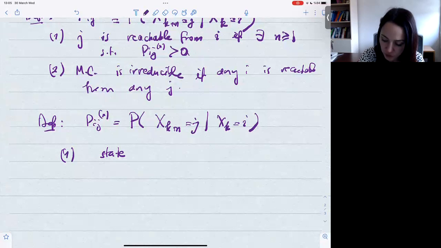Oh, this is the same definition. Sorry, for some reason, I thought this was different. Okay, so let's erase this.